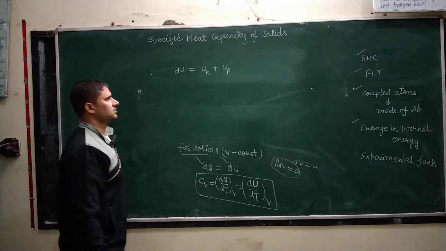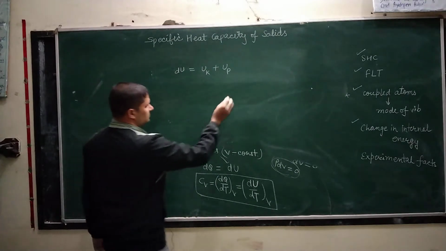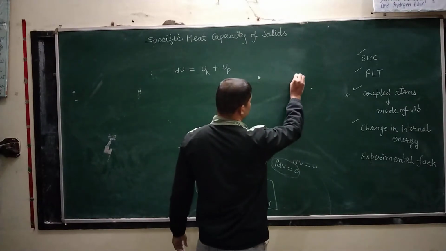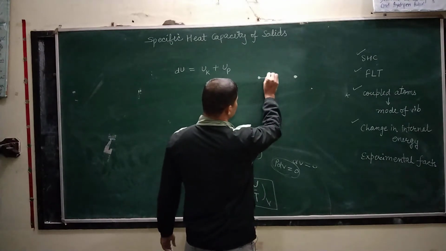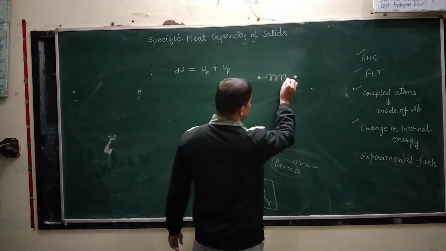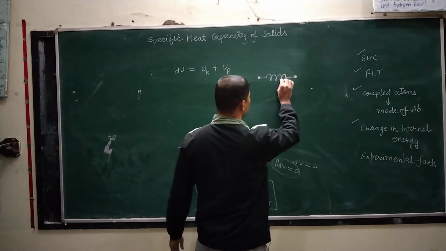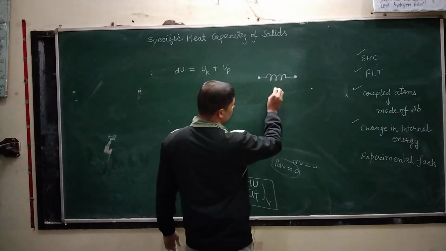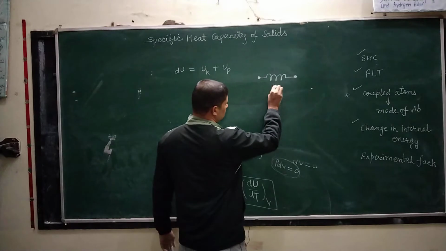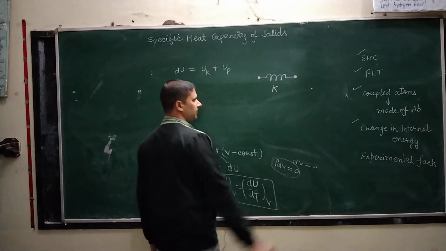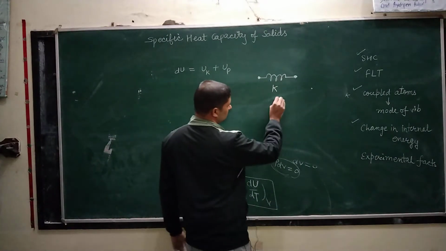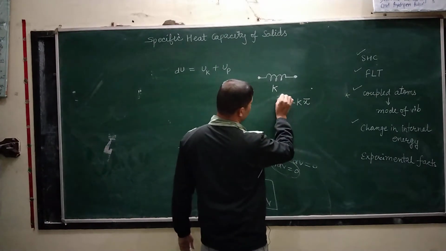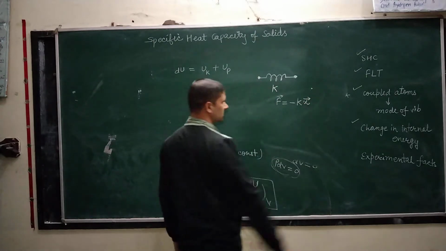Now we have seen in the crystal that this is one atom and another atom is here, and these are coupled with each other with a bond. I am representing the bond with the help of a spring, and let the spring constant here be K. Okay class, the force is equal to minus Kx, and you have done this in 11th standard.